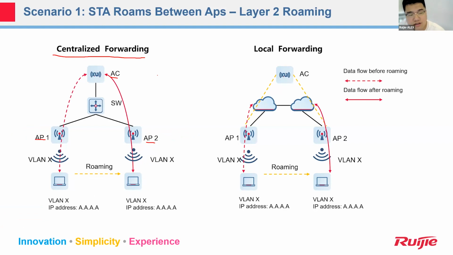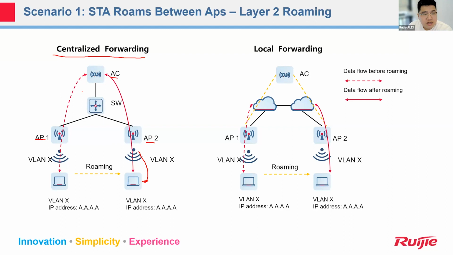So the traffic before roaming is sent from the STA to the AP, directly to the AC. And after roaming, the traffic path is actually the same. The STA sends it to the AP, and the AP sends it to the AC. Okay, so this is how the packet is forwarded in layer 2 roaming in the centralized forwarding mode.